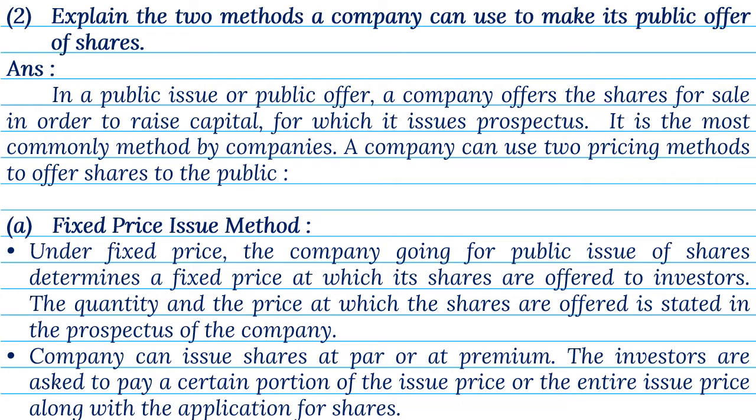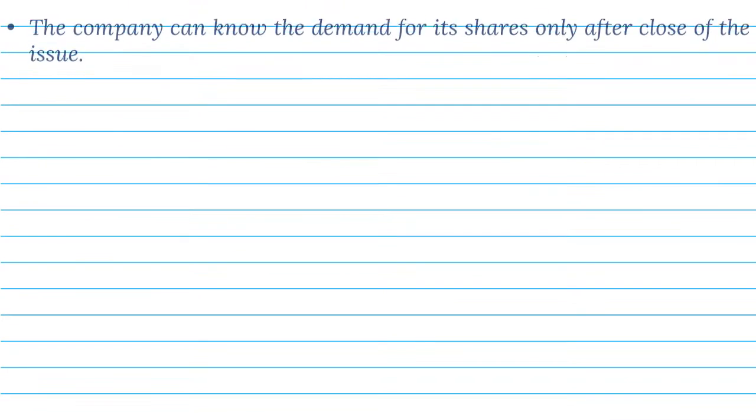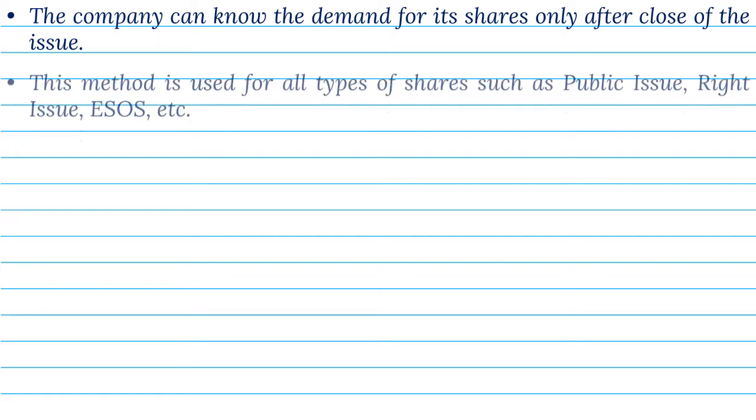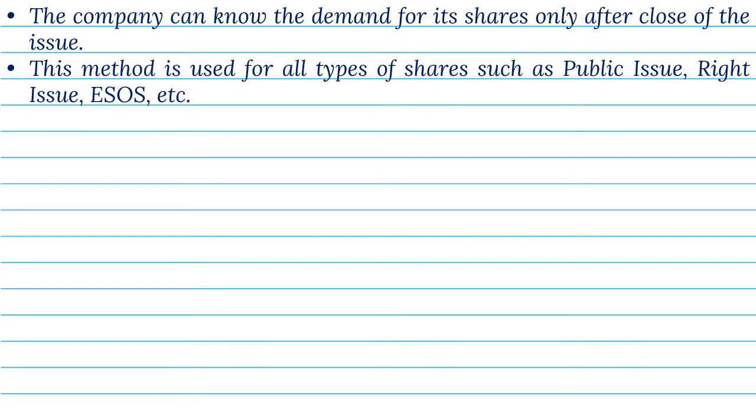The investors are asked to pay a certain portion of the issue price or the entire issue price along with the application for shares. The company can know the demand for its shares only after close of the issue. This method is used for all types of shares, such as public issue, right issue, ESOS, etc.